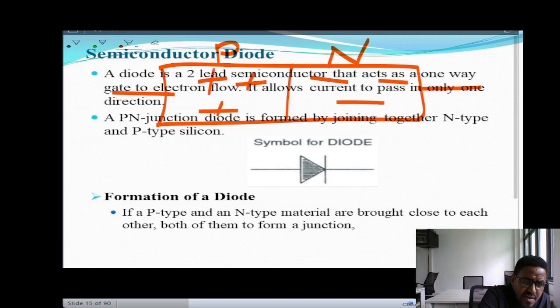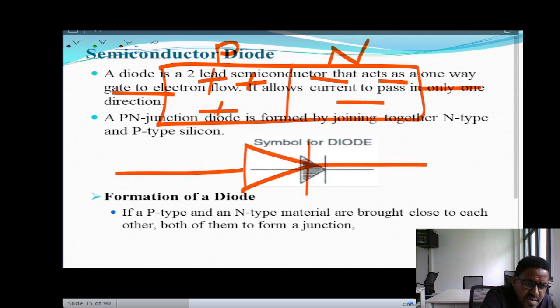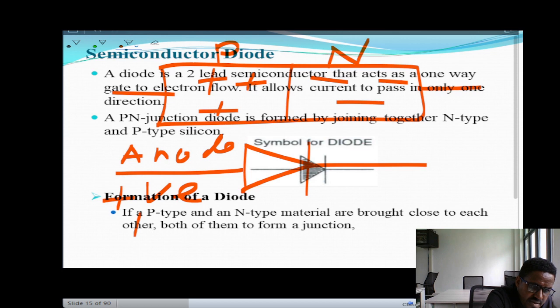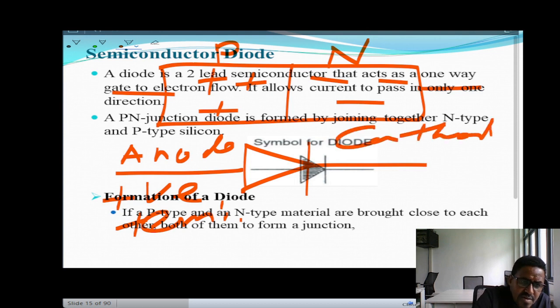The symbol of the diode, as seen in the picture: the anode, which is on the left side, is the positive terminal, and on the right side is the cathode, which is the negative terminal.